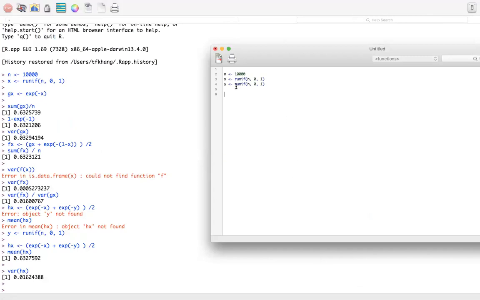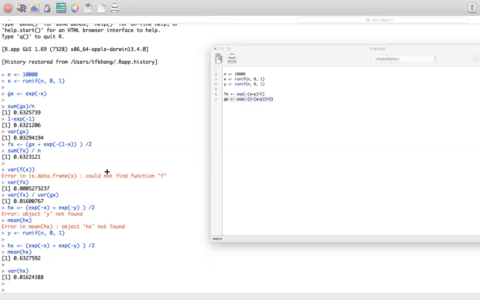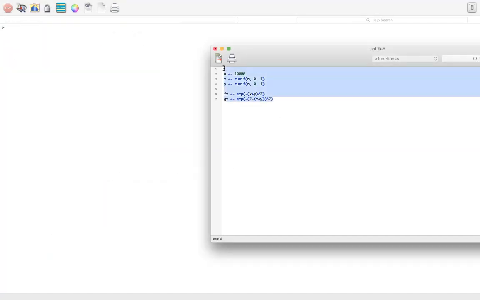That's my x and y. Then I have my function: let's say f of x is exp of minus (x plus y) squared, and my g of x is exp of minus (2 minus x plus y) squared. So let's run this.